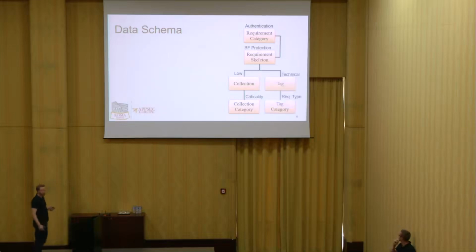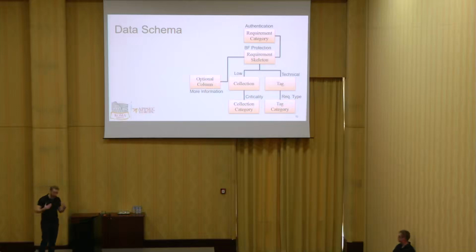Also, I showed you the tags, like lifecycle, technical, and some gates in your development lifecycle. This one is a technical tag, and the tag category is in requirement. Also, you can add some optional columns. This is more information, where you can give the developer more information about the security requirement.